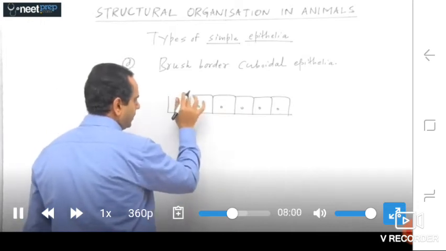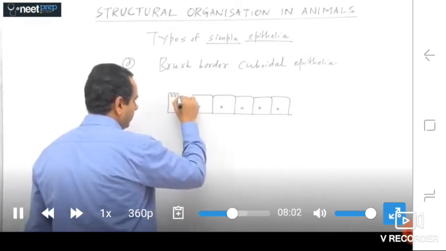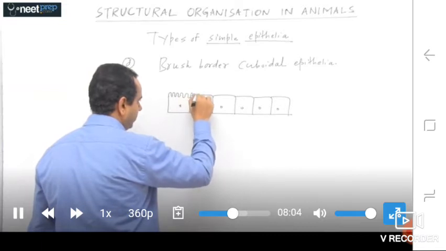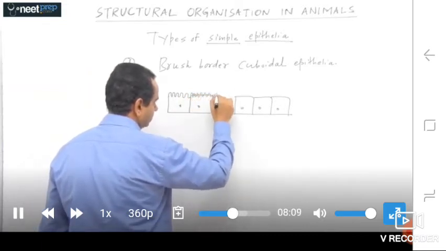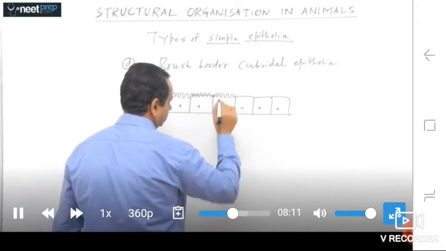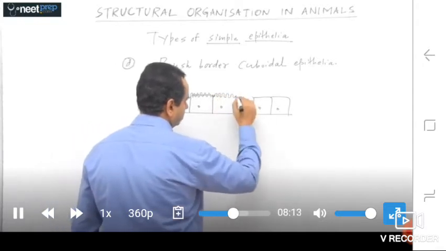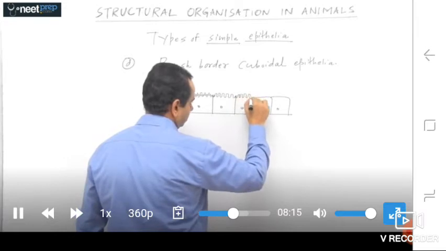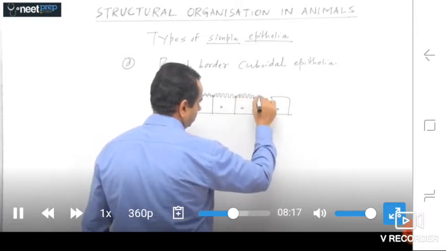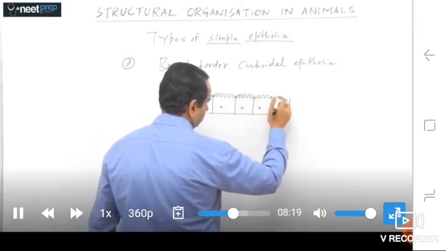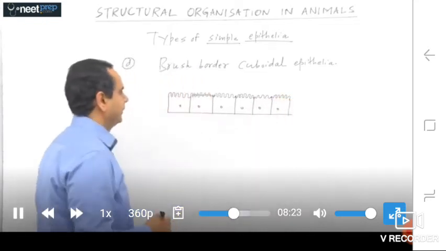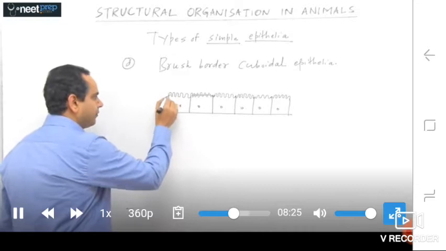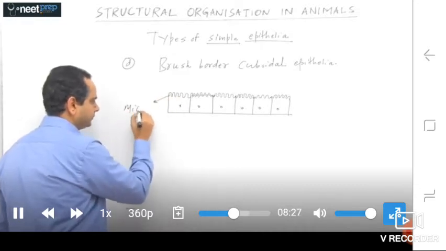And the apical part contains the structure of microvilli. The invagination of this membrane is the part of microvilli.